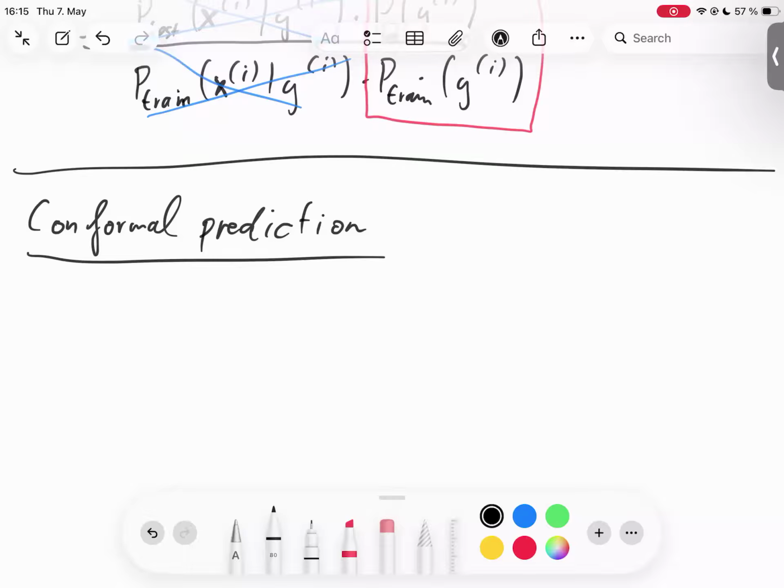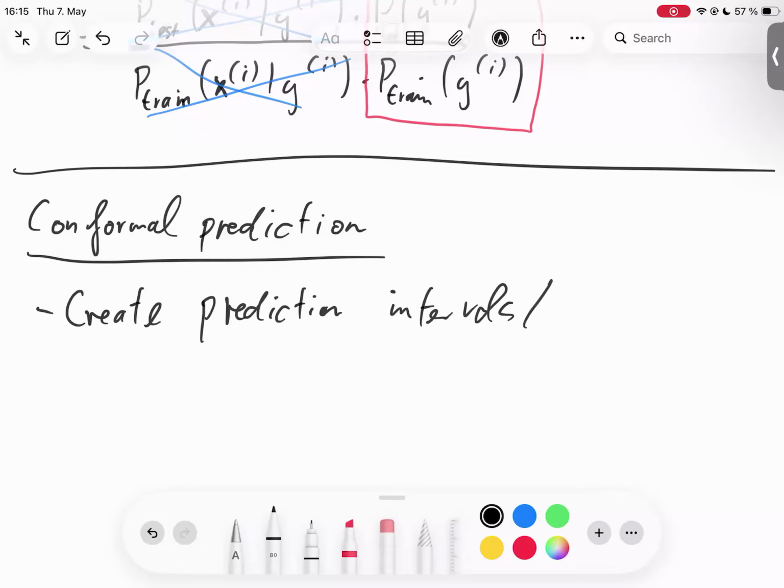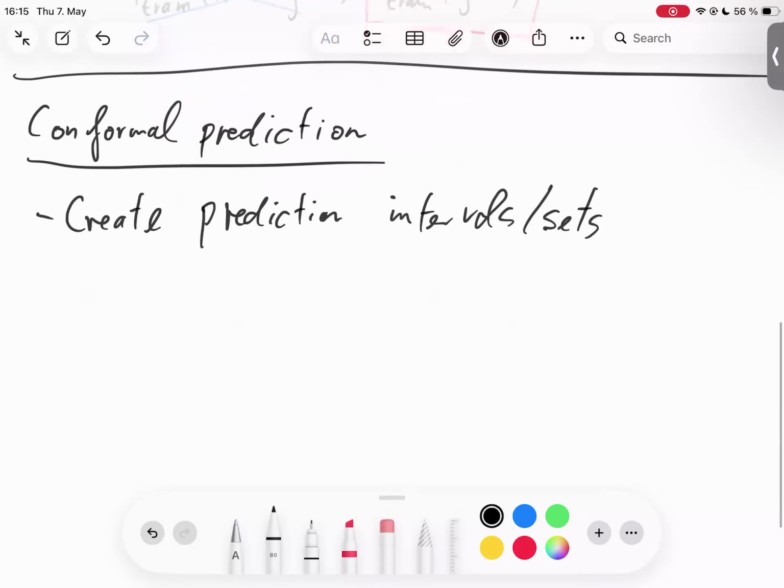What it allows us is, we want to create, and everything I'm saying is also in the slides, but we'll develop a couple of formulas now, we want to create prediction intervals or prediction sets. And what we have is guaranteed frequentist coverage probability. So I'll write this down.